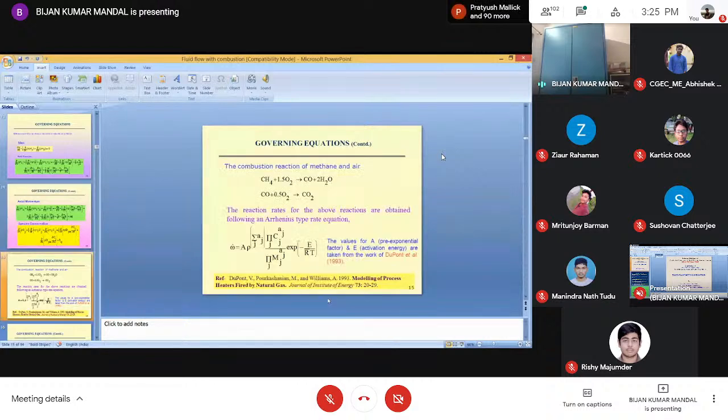Now let us see what equation we will consider. Methane and air, so basically methane and oxygen. The reaction is very simple: methane plus oxygen gives carbon dioxide plus water vapor. But that is called the global reaction, and it will not happen in that way.